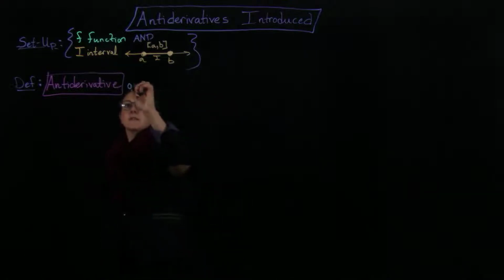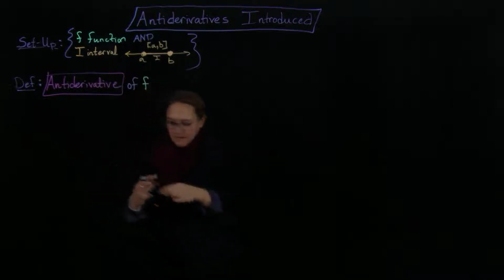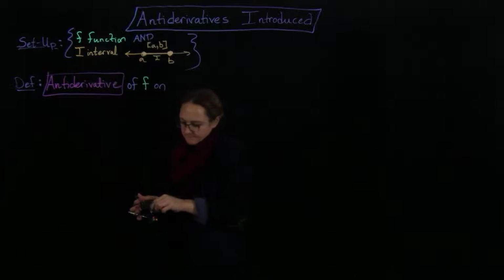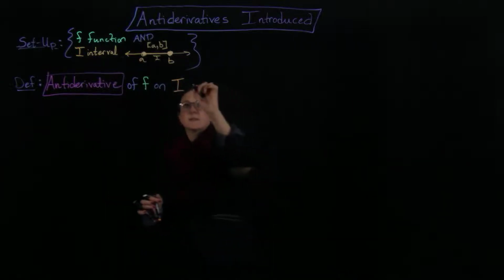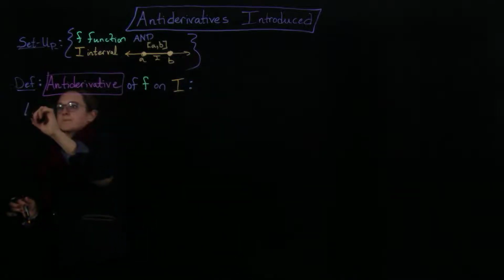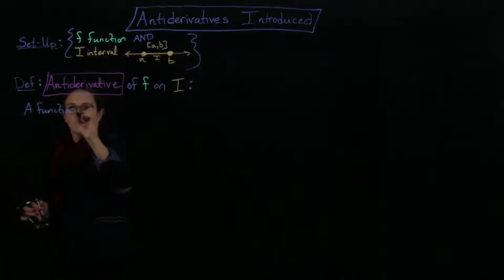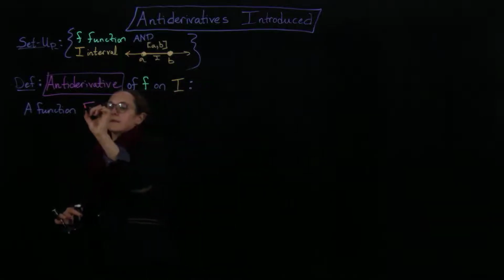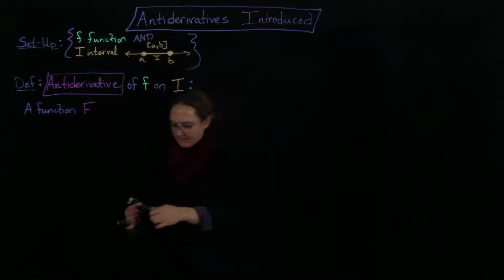So the antiderivative of our function f on this interval I is going to be a function that we'll usually denote by big F when that's little f. It's just how we like to do it.